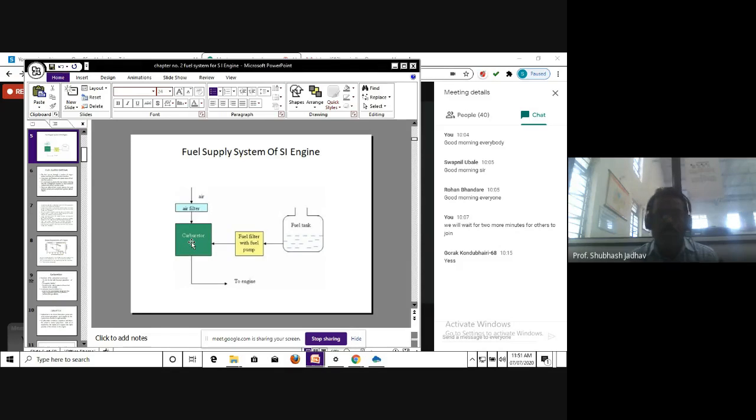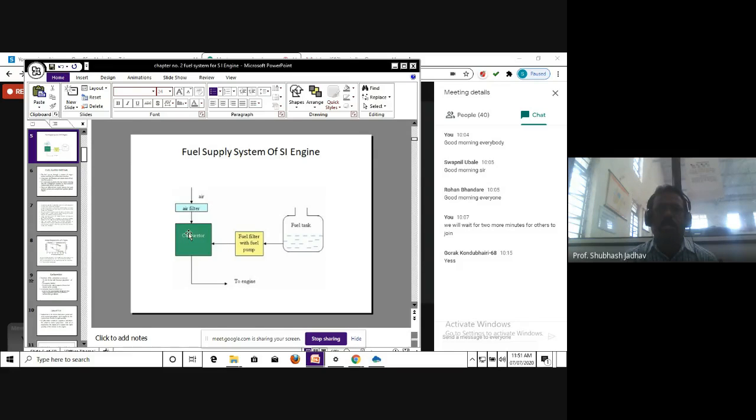Remember, the fuel has to be in the vapor form, not in the liquid form. That is very important, and therefore we take a fixed quantity of air, we take a fixed quantity of fuel, and we atomize the fuel, and atomization has to be into fine, proper size particles.